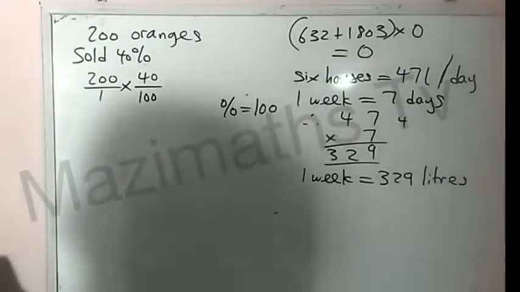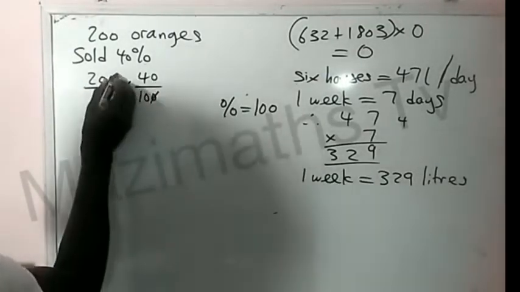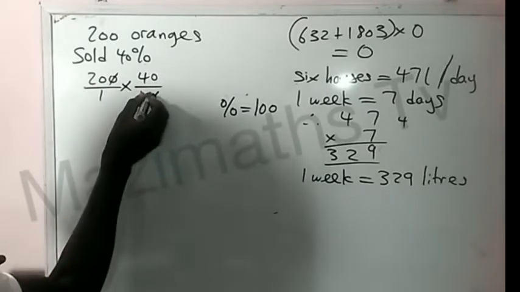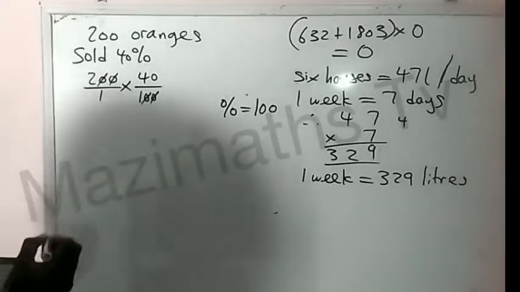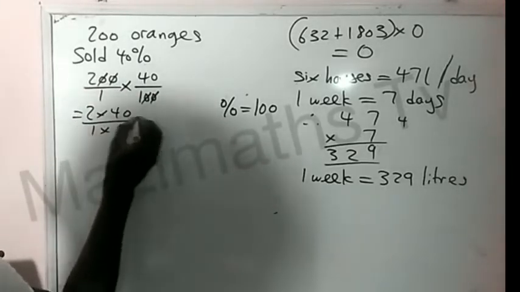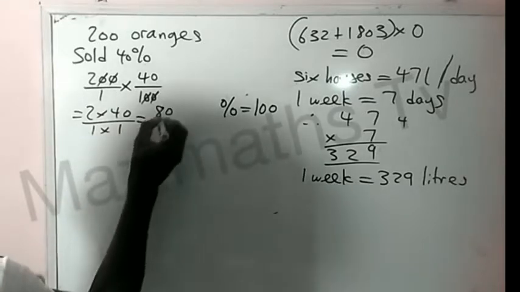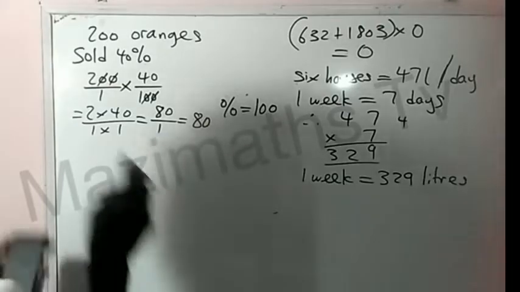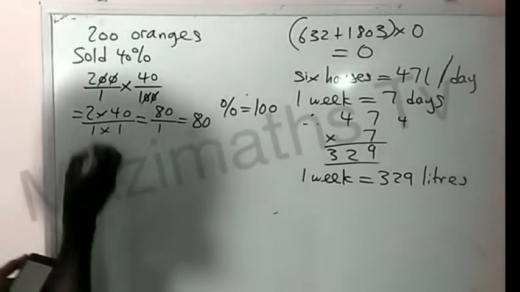Now let's divide. This 0 can cancel this 0, and this 0 as well, so we are left with 2 times 40 over 1 times 1. 2 times 40 gives you 80, and 1 times 1 gives you 1. So 80 divided by 1 is 80. The woman sold 80 oranges.